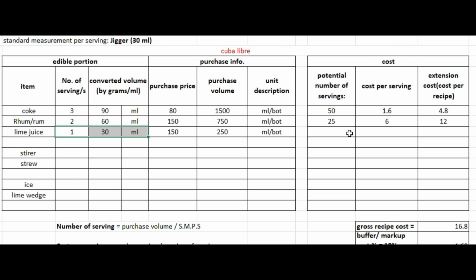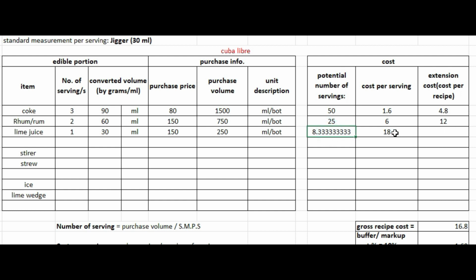For this scenario, let's have 1 jigger or 30 ml as our edible portion of this lime juice. So for our potential number of servings, after dividing the purchase volume of 250 ml by our standard measurement per serving of 30 ml, our potential number of servings will be 8.33.